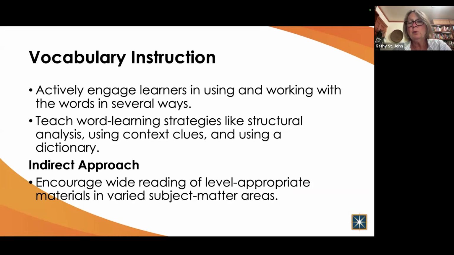We'll talk a little bit more about context clues in the comprehension section on Thursday, but context clues are words or phrases in the sentence that help define the word itself. It doesn't always work, right? There aren't always context clues, or the difficulty about context clues is that sometimes they're not in the same sentence.